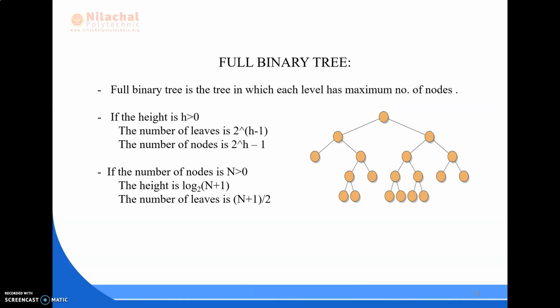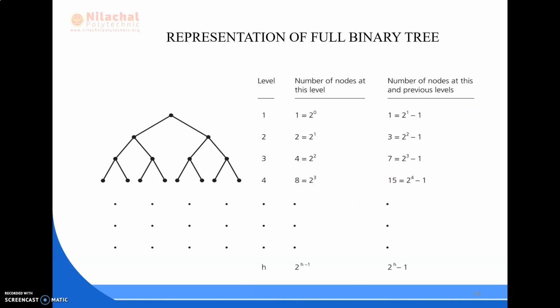If the number of nodes is n, where n is greater than 0, then the height would be log base 2 of n plus 1, and the number of leaves would be n plus 1 divided by 2. So this is the representation of a full binary tree, in which we have not fewer nodes, rather we have the maximum number of nodes.